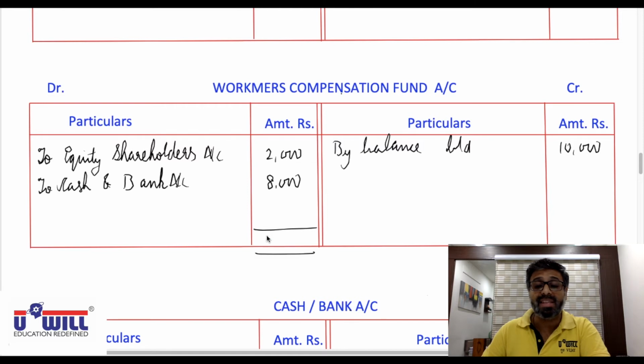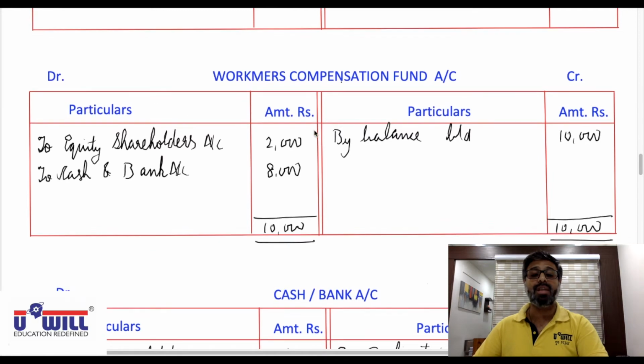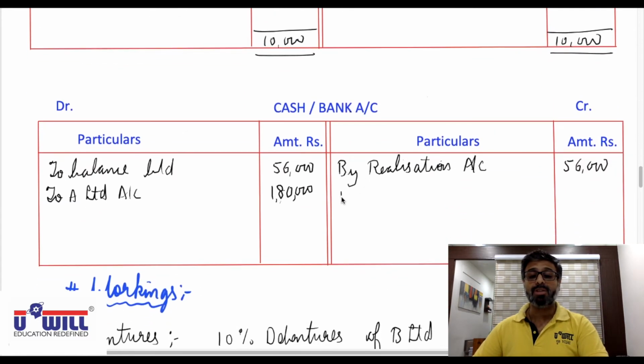But here no difference arises. Exact 10,000 was there and 8,000 is paid. 2,000 is already transferred to equity shareholders. If any difference arises, we would transfer to realization. Here no difference arises. To cash and bank 8,000. So cash and bank on credit side by workmen compensation 8,000.